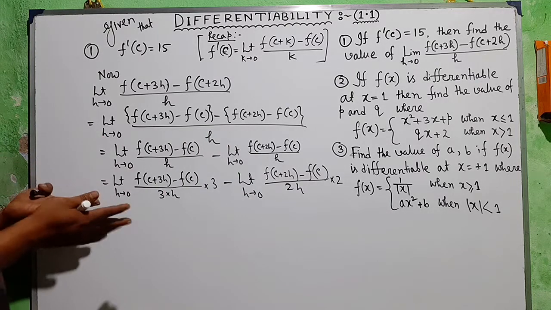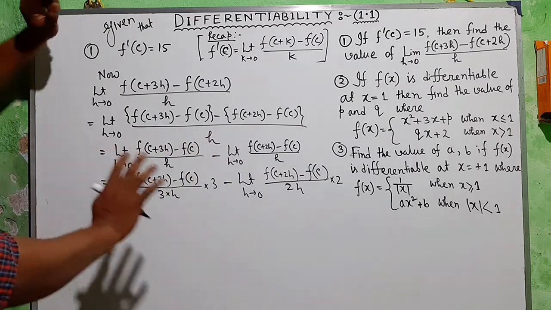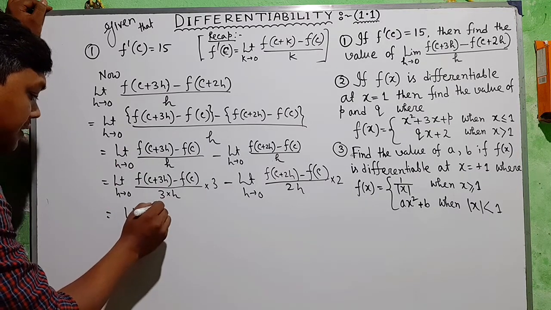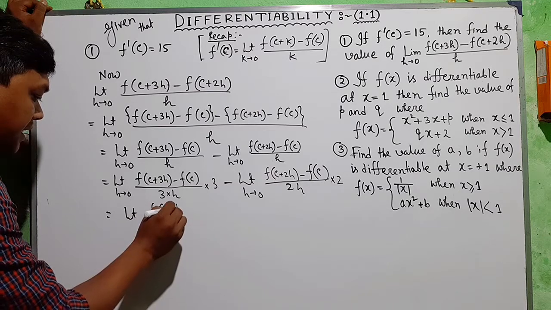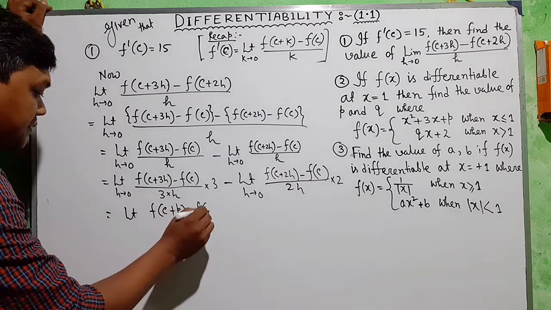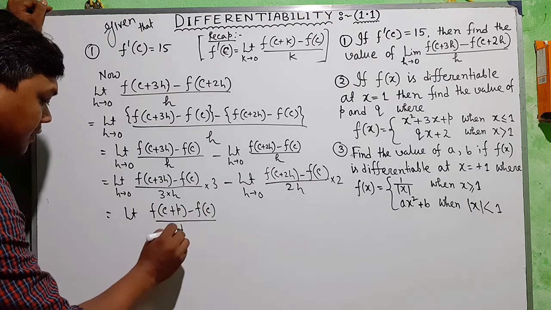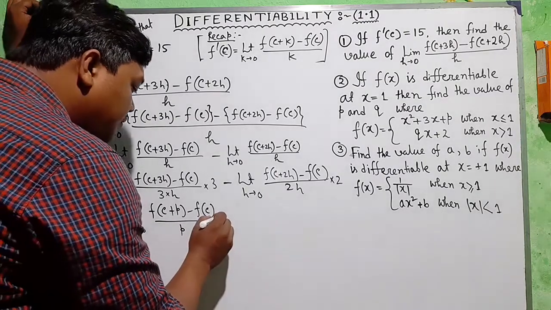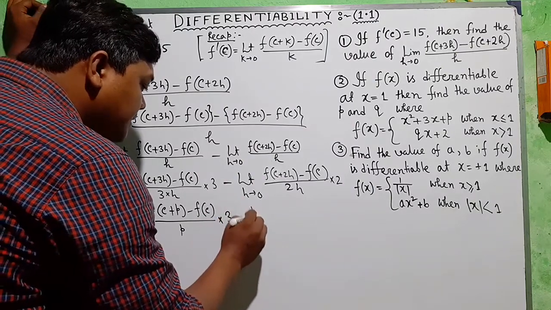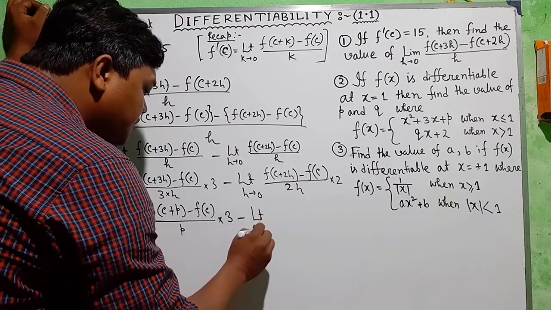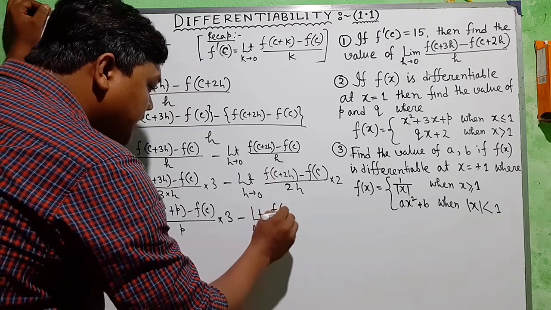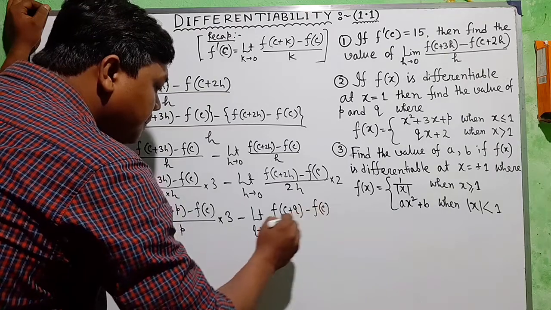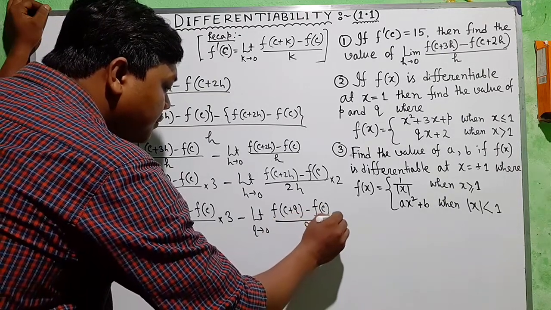So here there is 3h and 2h, so what will we do? I just change the variable: limit of f of c plus some constant p minus fc by p, while p tends to 0, into 3, minus limit q tends to 0 of f of c plus q minus fc by q, into 2.